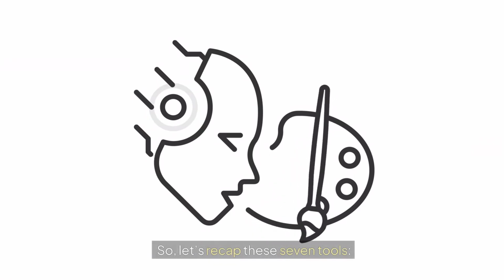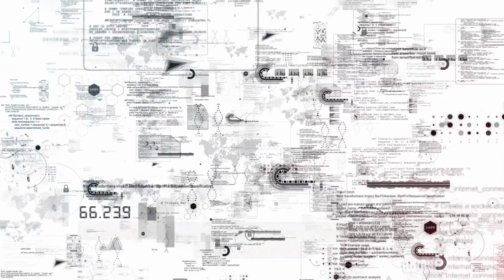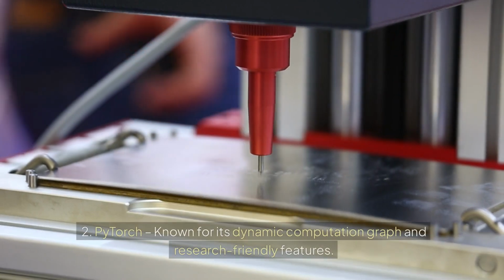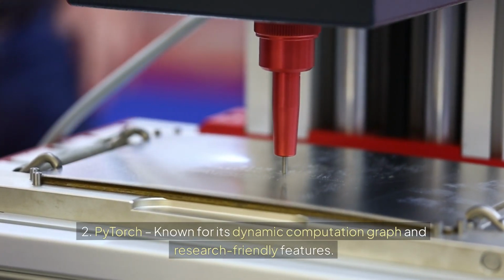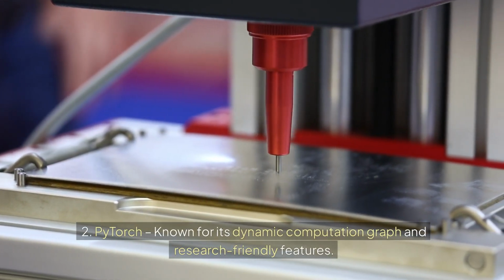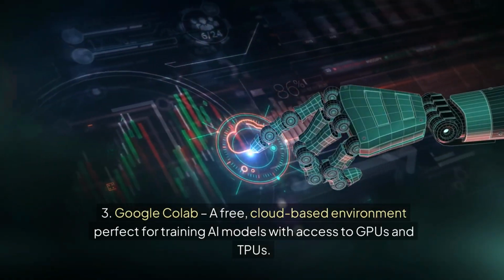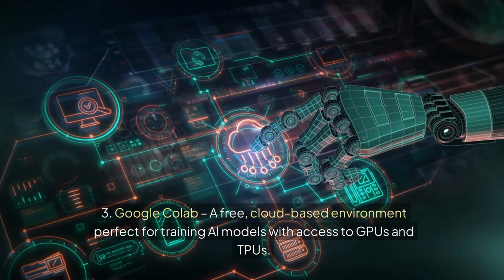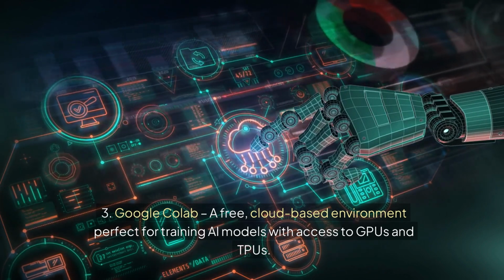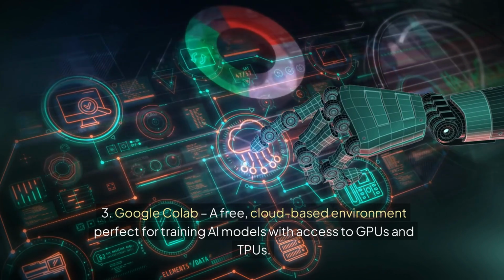So, let's recap these 7 tools. 1. TensorFlow, a powerful framework for machine learning and deep learning. 2. PyTorch, known for its dynamic computation graph and research-friendly features. 3. Google Colab, a free, cloud-based environment perfect for training AI models with access to GPUs and TPUs. 4.